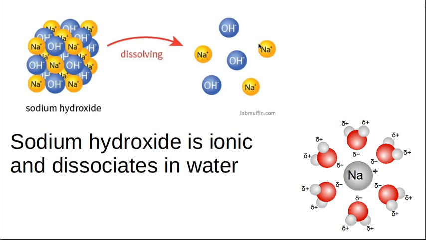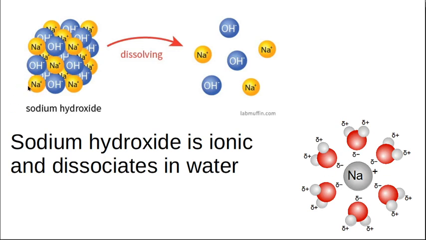Here's the sodium hydroxide. When we dissolve it, all that happens is, look at all the little polar water molecules. Here's my positive sodium ion, and the little polar water molecules come up to it, and the slightly negative end of the water molecule just separates out all of the sodium ions from the hydroxide ions.